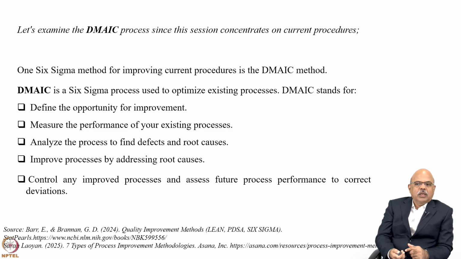Improve the process by addressing root causes. Control and improve the process and assess the future process outcome. So improvement and performance are much more interconnected, and that is where DMAIC stands.